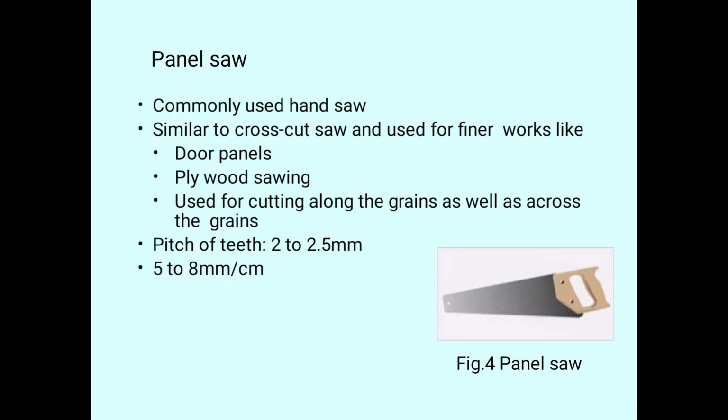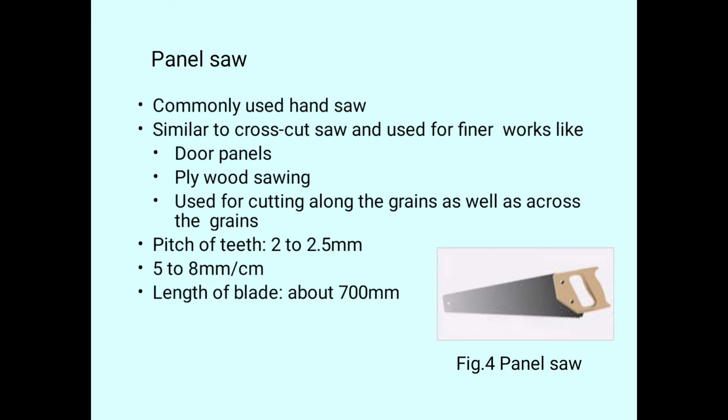How many teeth per centimeter? That is 5 to 8 teeth per centimeter. Next, we can see the length of the blade. The length of the panel saw blade is about 700 mm.